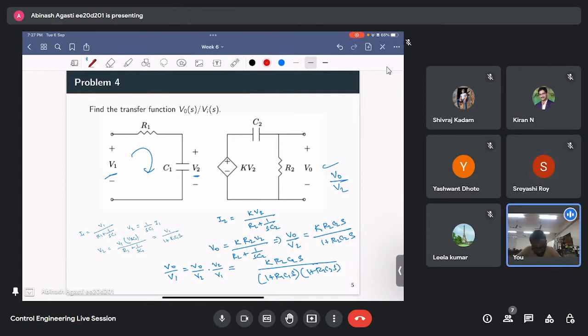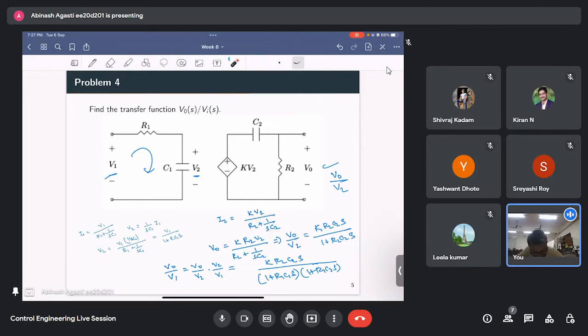So V2, this right hand side loop you are asking, right? Okay, so see, this is the source. So source by impedance will give me the current. So I2 is source by the impedance, that is R2 plus 1 by S C2.